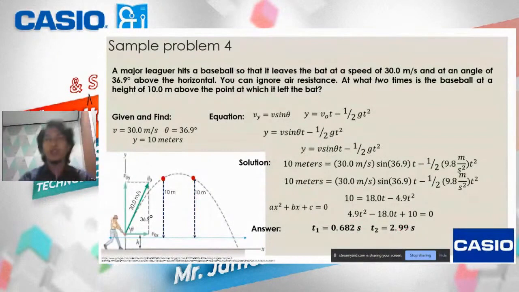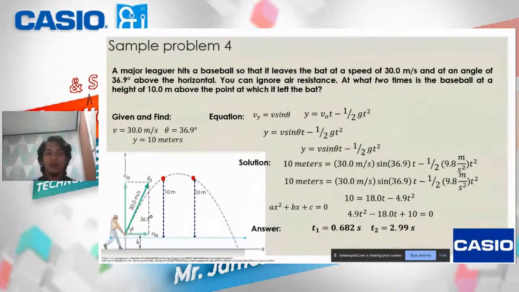Kasi yung calculator, since it's about to calculate lang naman the values, regardless kung ano yung setup, uunahin niya kung ano man yung nasa function niya. Pero since ang problem natin, at may sinusundan tayong path, ang itiwan natin yung pinakauna. Kasi, dito unang ma-reach yung 10 meters, which is ang lower value ng time, which is 0.682. And our T2 is equals to 2.99 seconds.